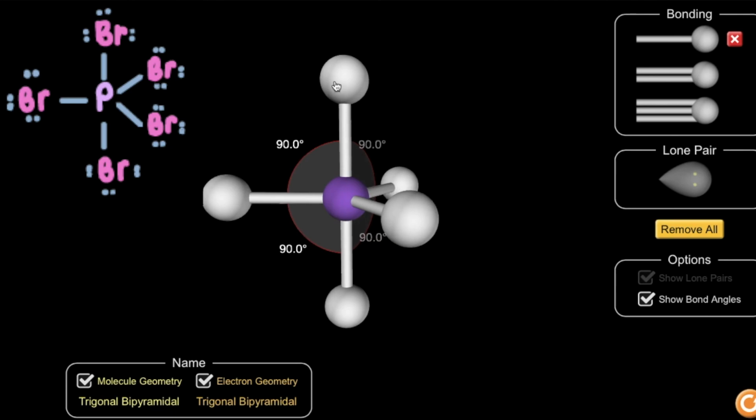Kita nampak sikit atas, bawah. Okay, yang satu line kat sini. Lepas tu sini satu macam T-shape ni. Kalau kita buat kat sini T-shape kan. And then we have our V kat sini. Our bent shape ni. 1, 2. So this is actually the 2D arrangement. Okay, yang ini dia tak nampak bond angle dia. Hanya nampak 90 je. Sebenarnya between 1, 2, 3 ni, dia adalah 120 tau bond angle dia.